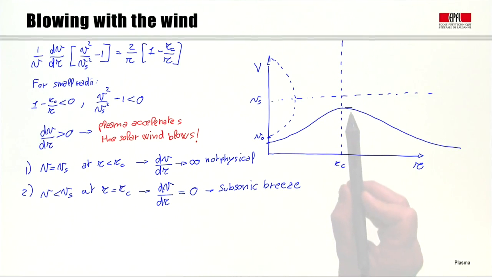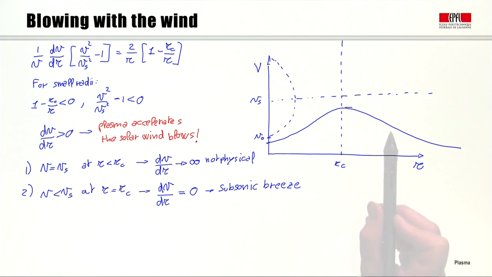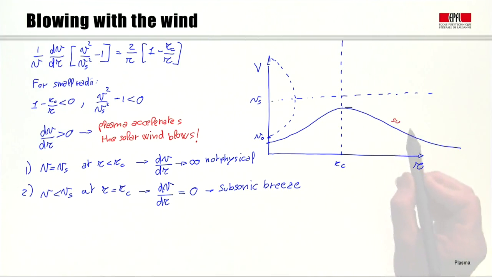Now, if this maximum velocity is still smaller than the sound speed at that position, the derivative of the velocity with respect to the radius is equal to 0, which means that starting from the critical radius, the solar wind will start to decelerate. This solution represents a family of solutions that we call subsonic breeze.